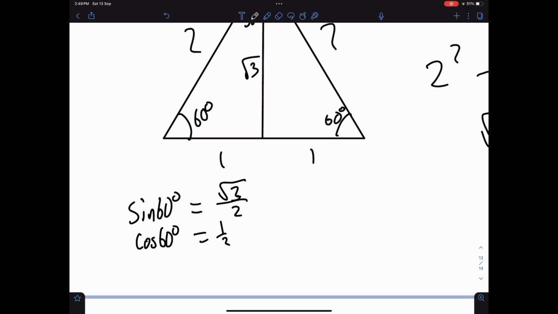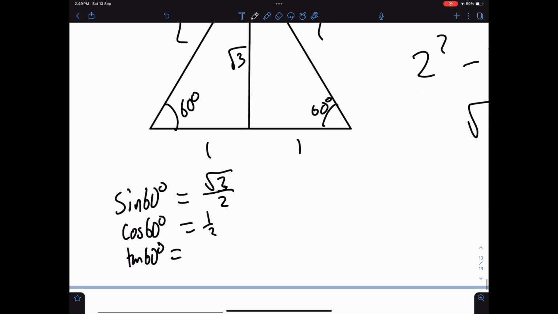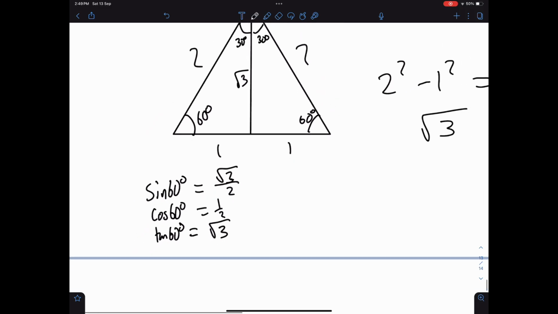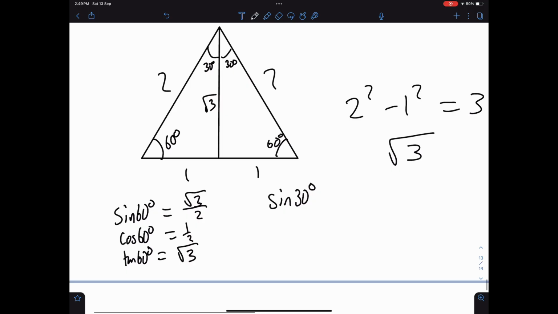And then tan of 60 degrees, opposite over adjacent, so it's root 3 over 1, which is just root 3. And then if we do for the 30, remember, this will now be the opposite, so sine of 30 will be 1/2.